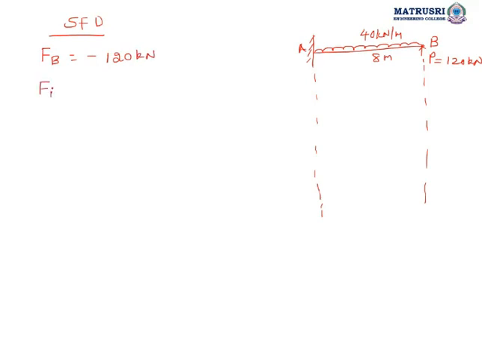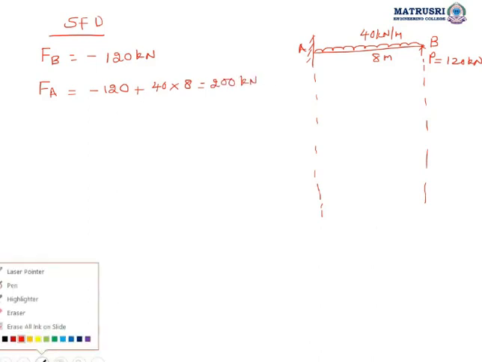Then I'll come to F of A. F of A is minus 120, then 40 into 8, because it is UDL, no? 40 into 8 downward, so from here downward is positive. 320 plus minus 120, that is 200 kilonewton. If I am drawing the shear force diagram, you take the baseline.